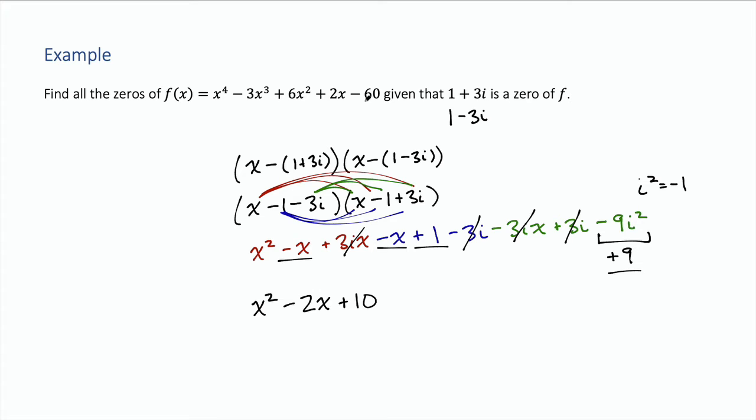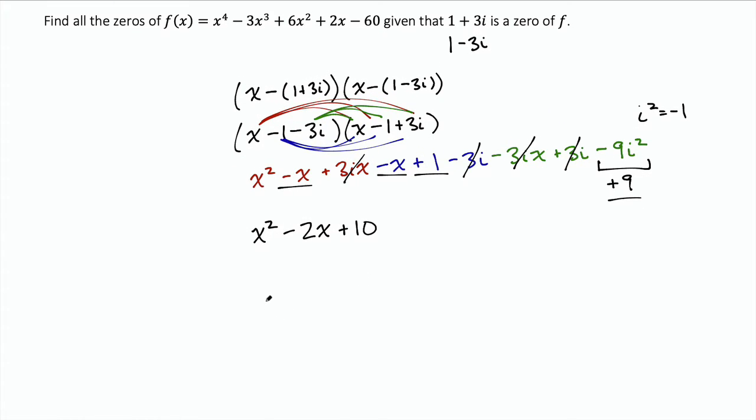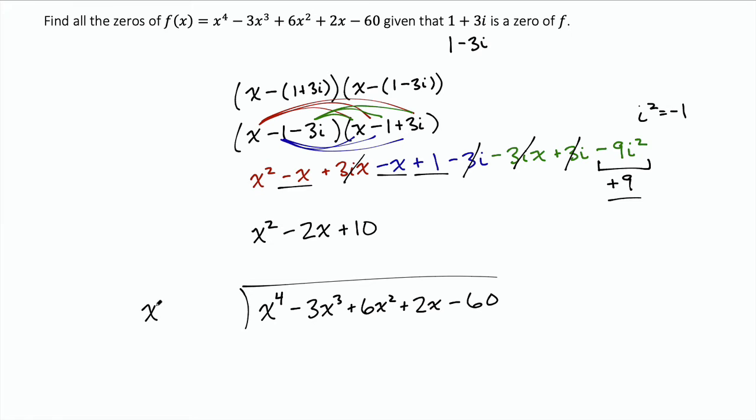To find the other factors, we can then divide our polynomial by this factor. We have to use long division in order to do this. x to the fourth minus 3x cubed plus 6x squared plus 2x minus 60 divided by x squared minus 2x plus 10.